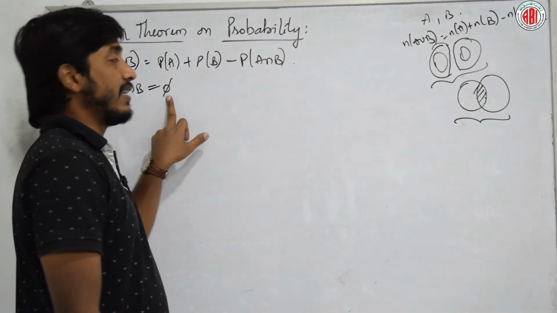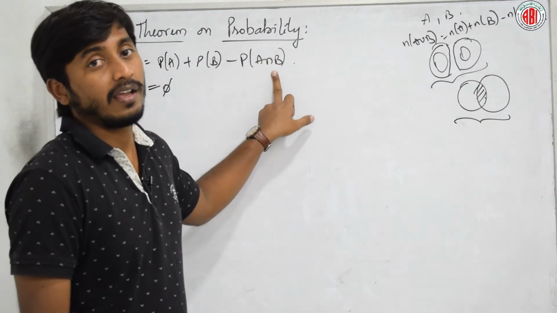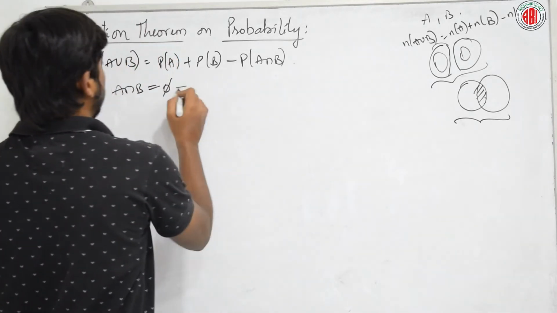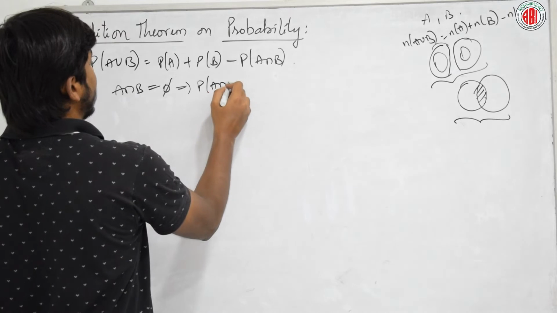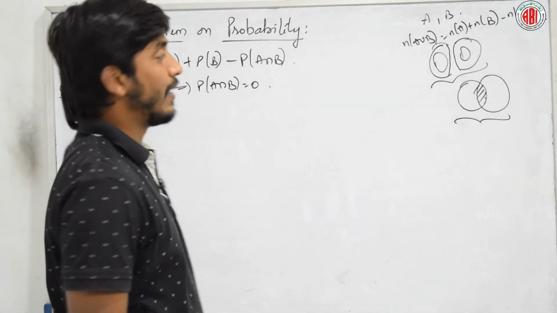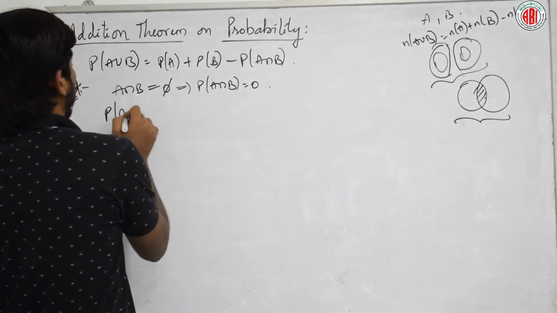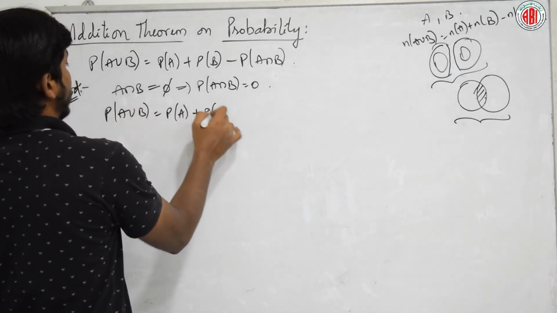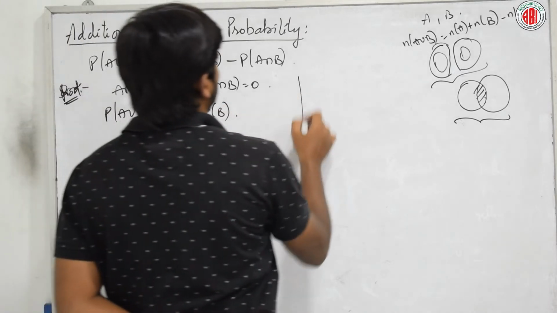The intersection of A and B itself is empty. What is the probability of the empty set? There is no element at all. Obviously, the probability of A intersection B is equal to 0. Clear? So I can simply write the probability of A union B is equal to the probability of A plus the probability of B. Yes or no?